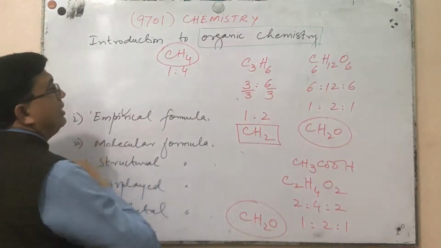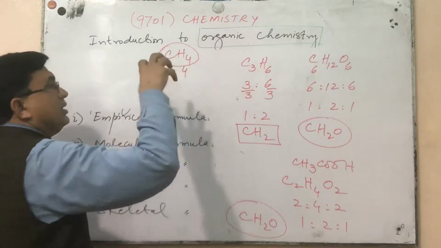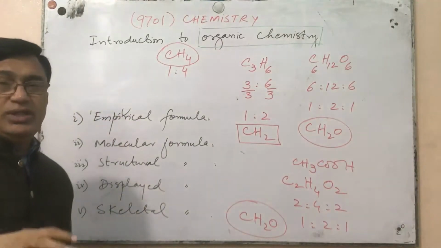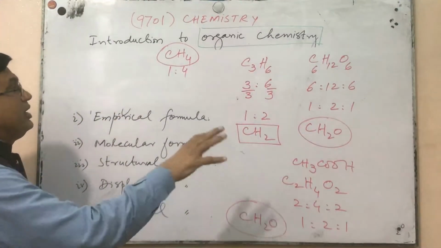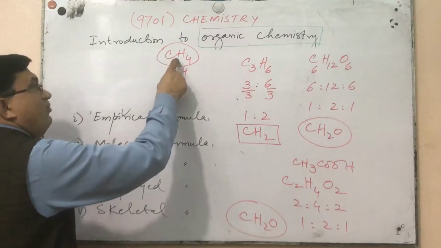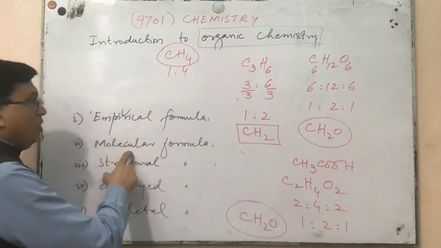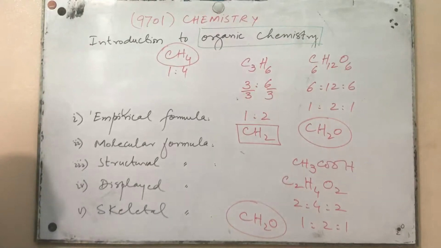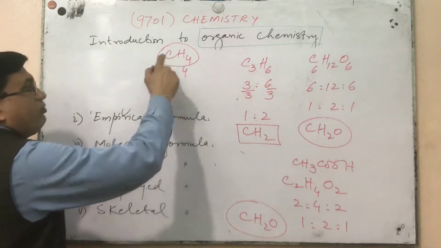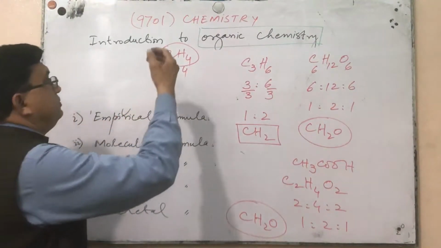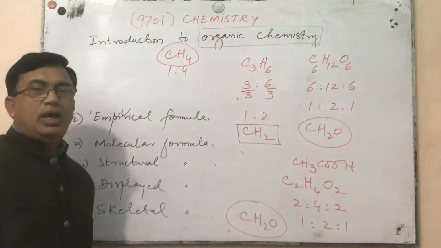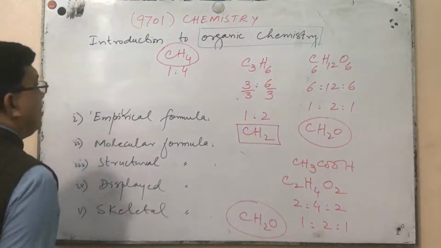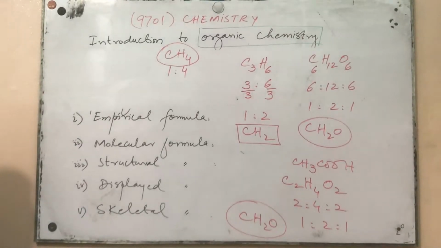But in the case of methane, as the formula CH4 indicates the total number of atoms present in a molecule, the same formula is the molecular formula for methane. It means that in the case of methane, the same is the empirical formula and the same is the molecular formula.